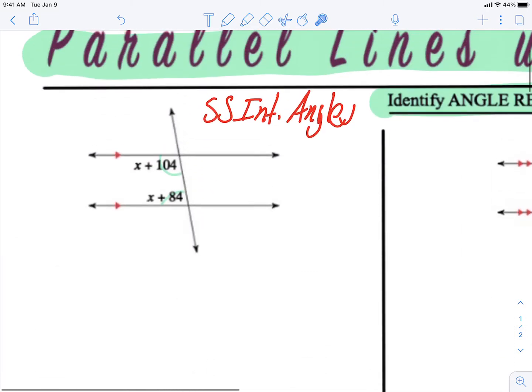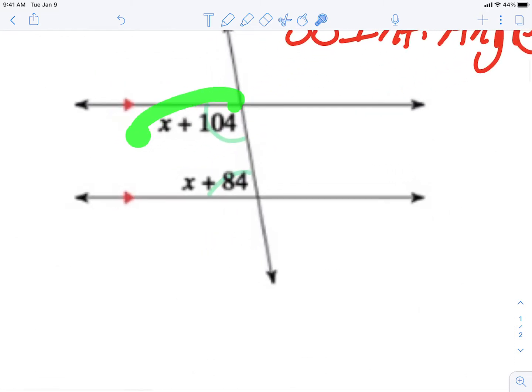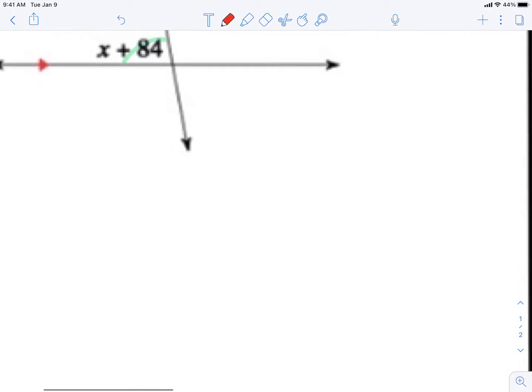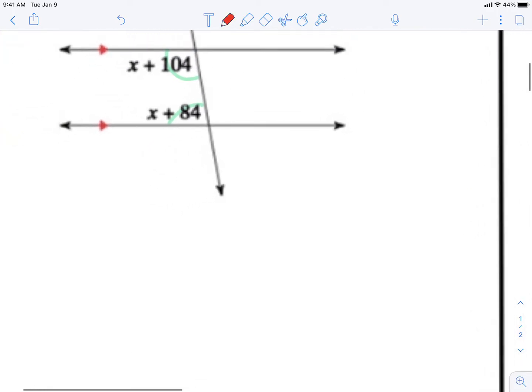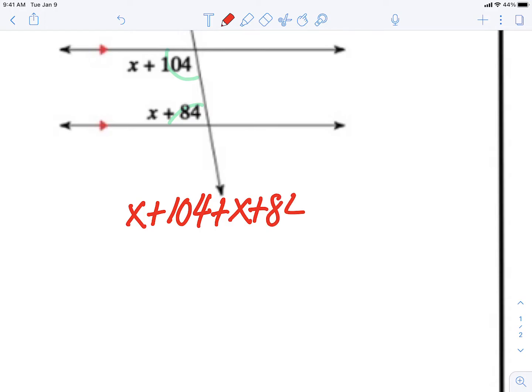So that means literally that this angle plus this angle is equal to 180 degrees. So let's set it up that way. So we're going to say x plus 104 plus x plus 84 is equal to 180 degrees.